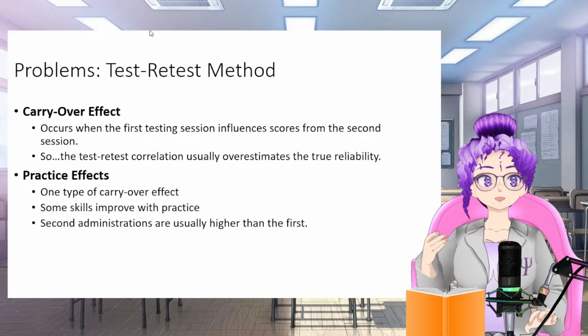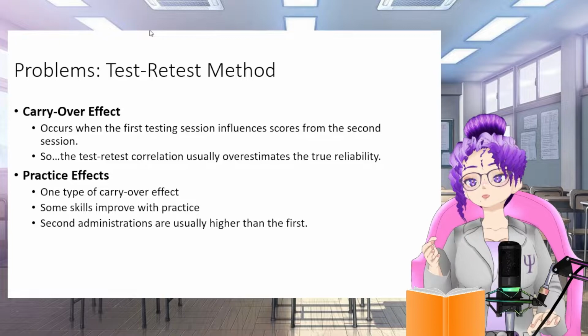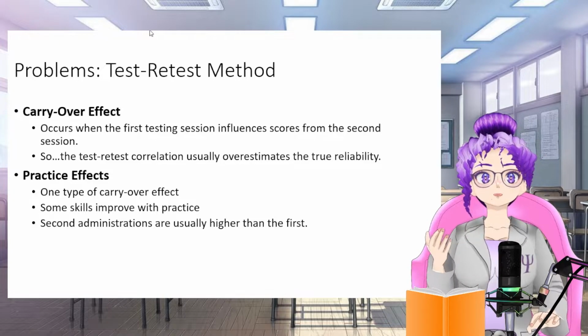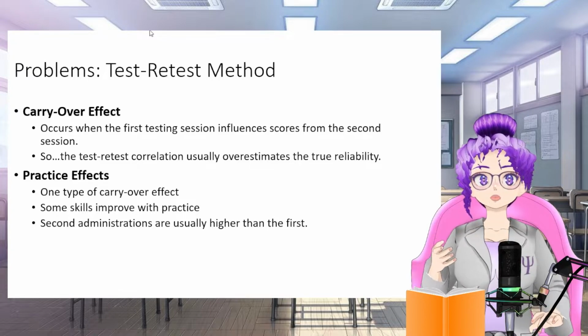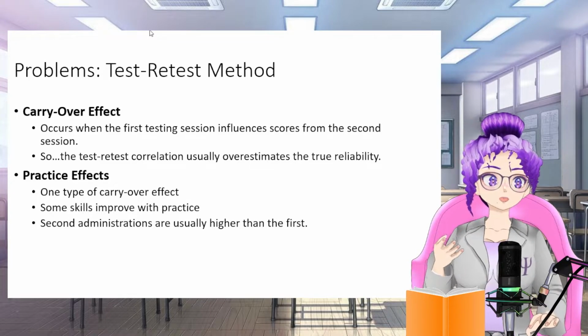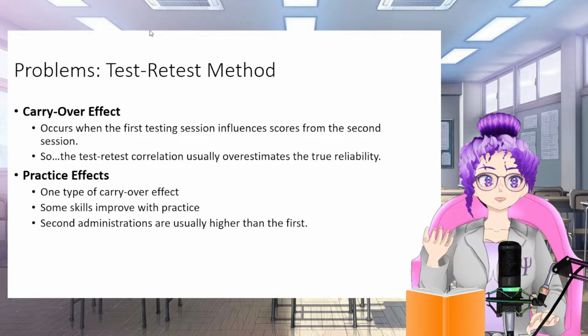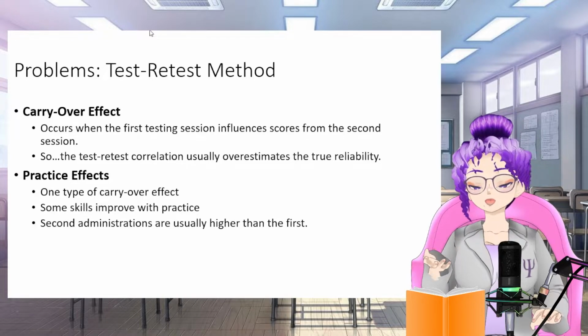So that is also practice effects. Carryover effects and practice effects are almost similar. It is one type of carryover effect. This is where some skills improve with practice, and usually the second administration is higher than the first.